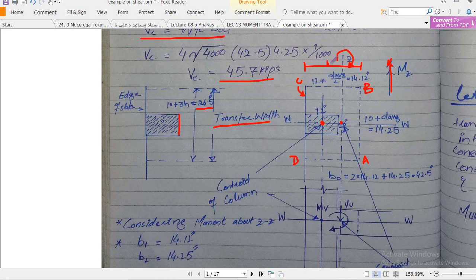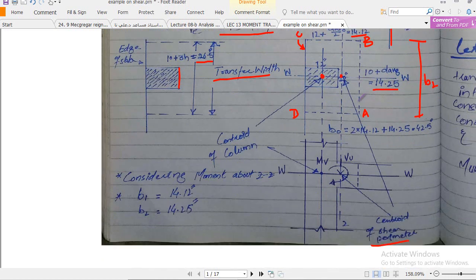This is my B1, which is the side perpendicular to the moment axis, and this AB side is my B2, which is the side parallel to the moment axis, right? And how to determine it? My B2 is 14.25 and my B1 is 12 plus the average divided by 2, which is 14.12, right?